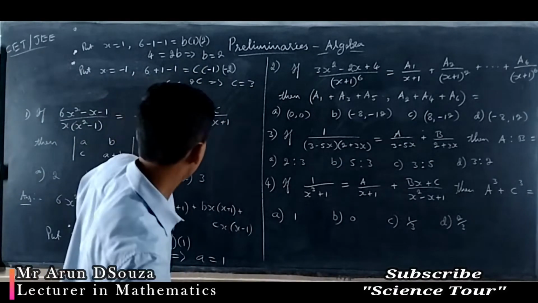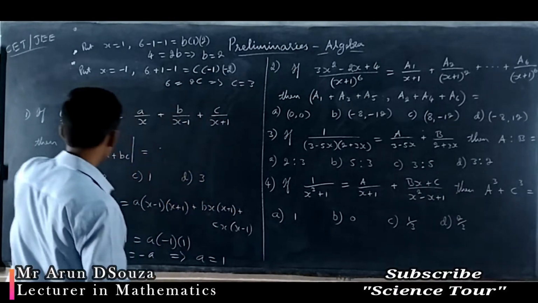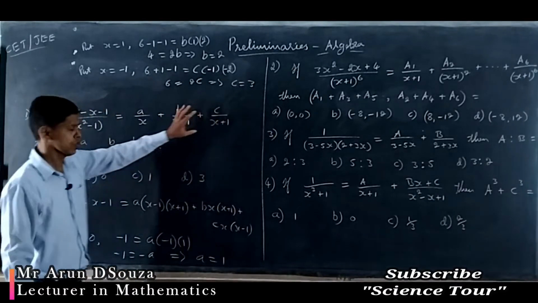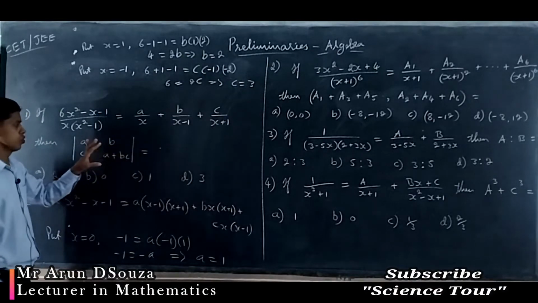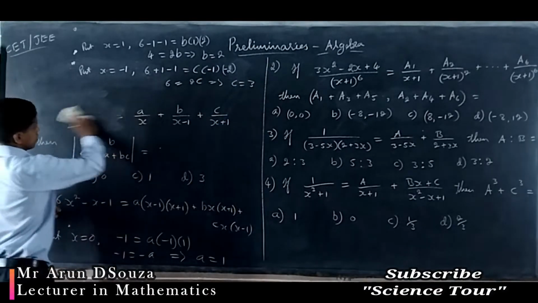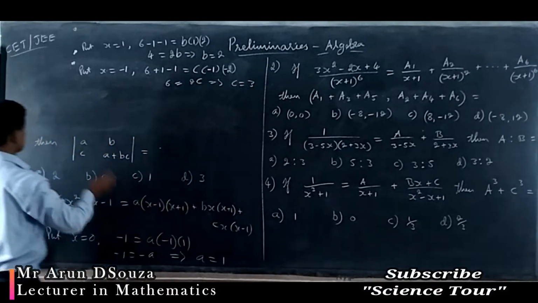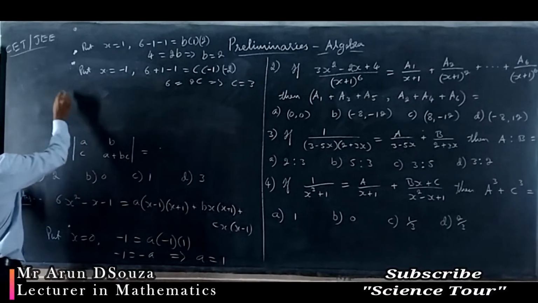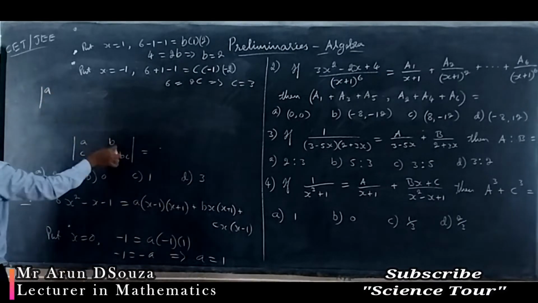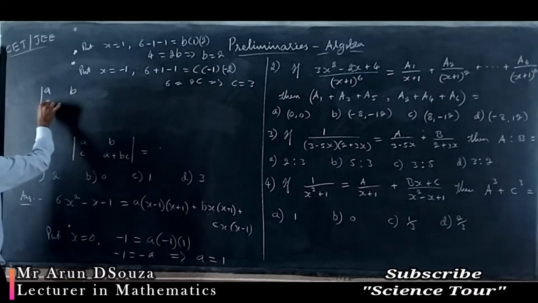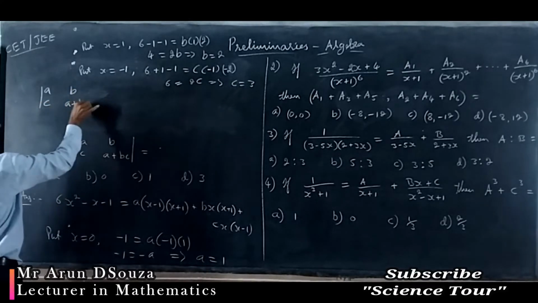Now we don't need the partial fractions, so we need to find this. So we'll start with this. Next, substitute here a and then b and then c and then a plus bc.